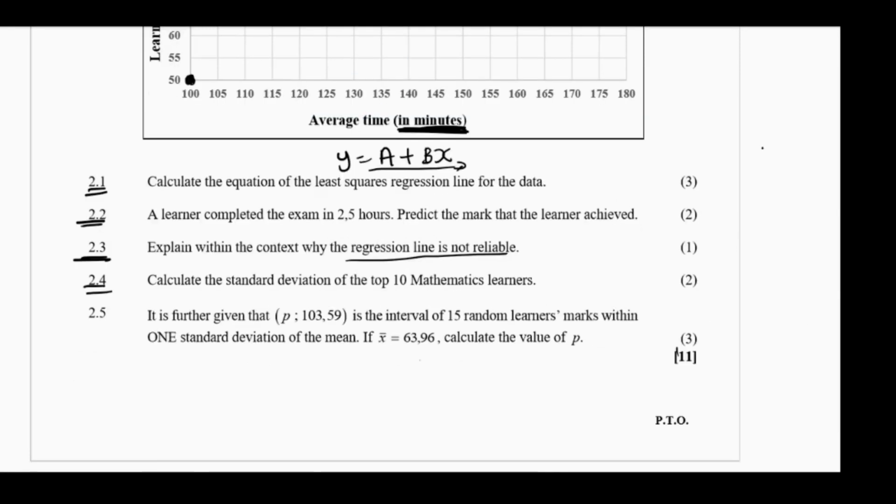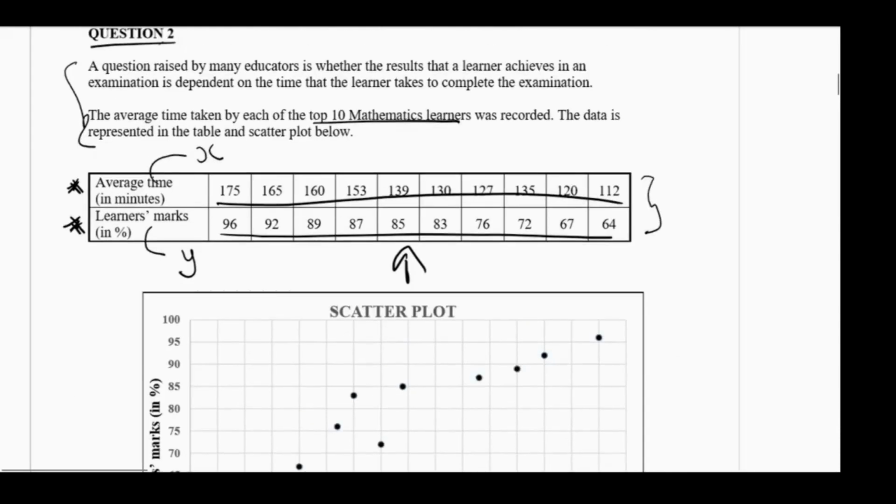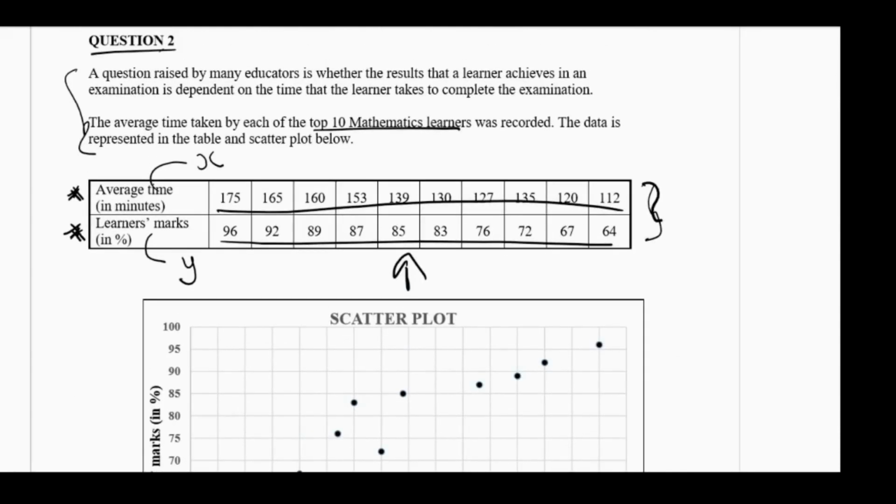2.4. We are asked to calculate the standard deviation of the top 10 mathematics learners, right? So remember, this table, use the same table. So the same table where you punched all the numbers following my instruction on 2.1.